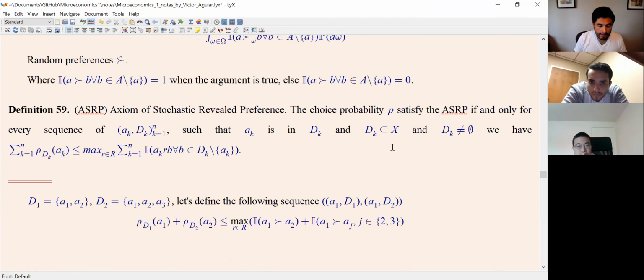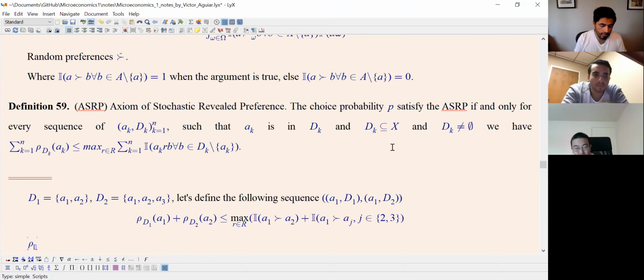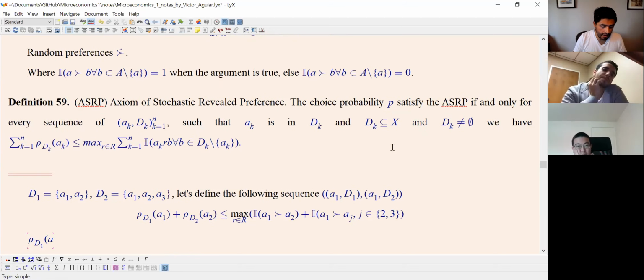So let's plug in some numbers. Imagine that row D1, A1, I'm going to make it violate regularity. So this should be A1 here. This quantity is a small set, right? And now I'm going to make the probability of this less than the probability of D2, A1.